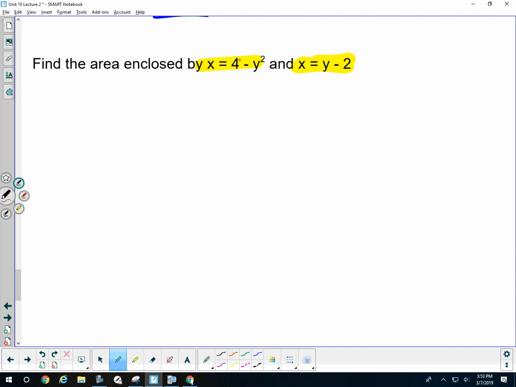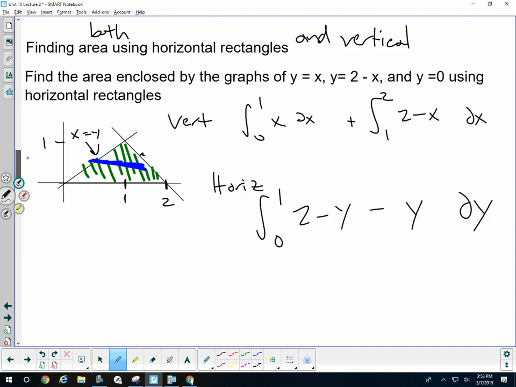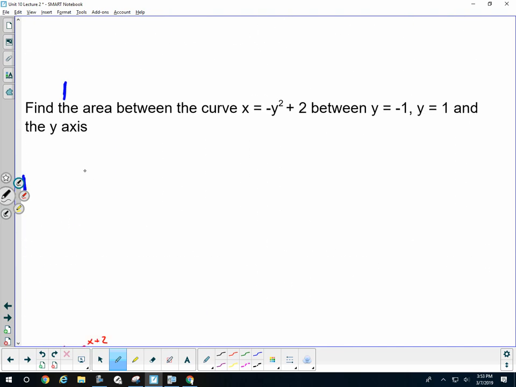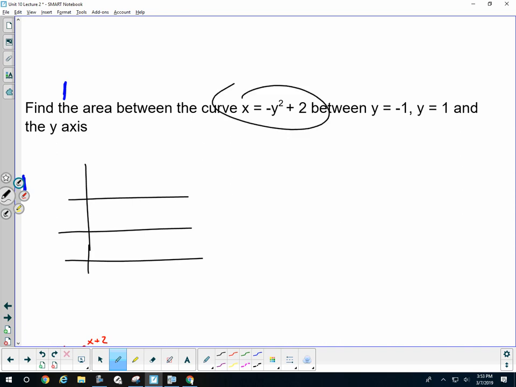Now, we don't have y coordinates. If you talked about this one here, it's giving you y equals -1 and y equals 1. Those are going to be your boundaries. And just to show you, going back to this example, x equals -y squared plus 2, how to graph it, just throw in y's and you'll get x's.